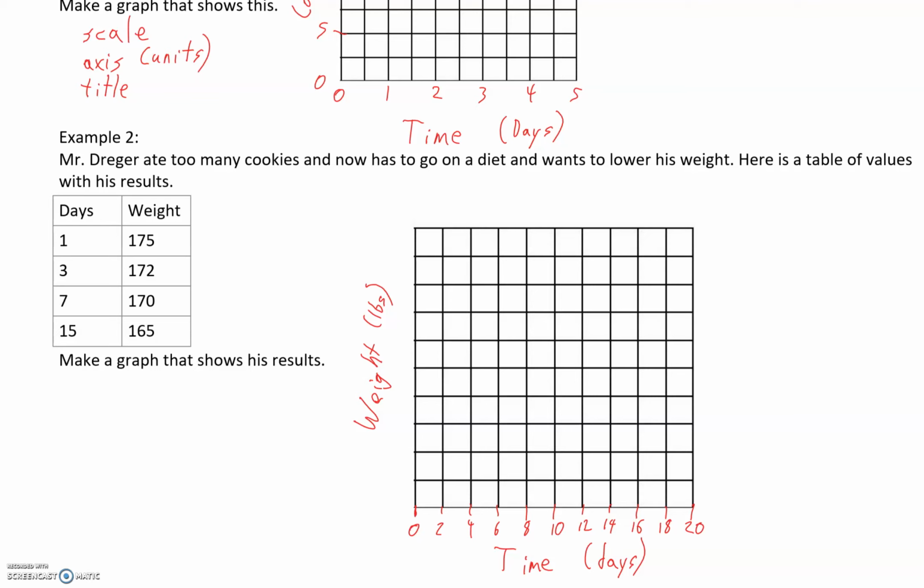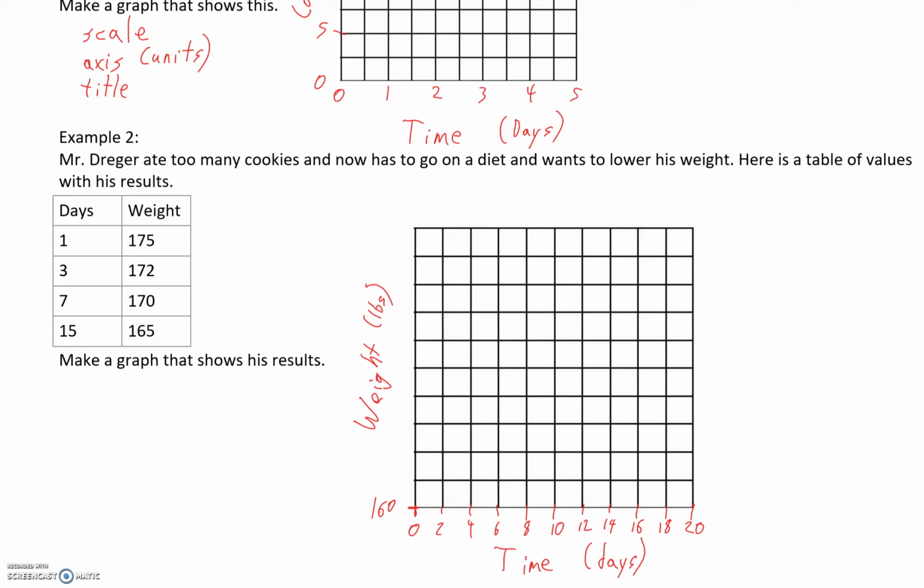Okay, and then on the weight side, you always still have to start with your smaller values going to your bigger values. I'm going to go with, I think I decided 155 would make it look pretty nice. So 160, 165. Actually, this is not going to work as nicely because we have slightly different data than the last time I did this.